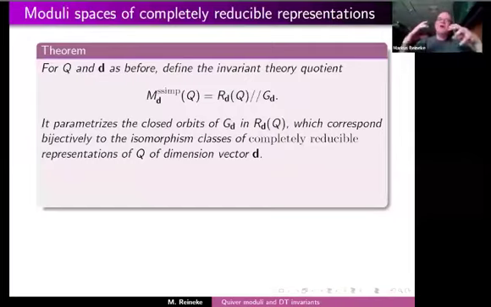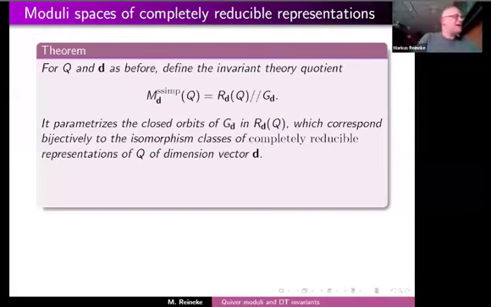So now you only have to know to which representations the closed orbits correspond, and they correspond to the completely reducible representations. So a representation which is a direct sum of irreducible representations. Irreducible in the very strong sense: it has no sub-representation except 0 and itself.